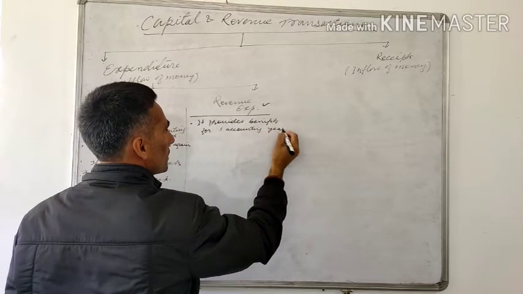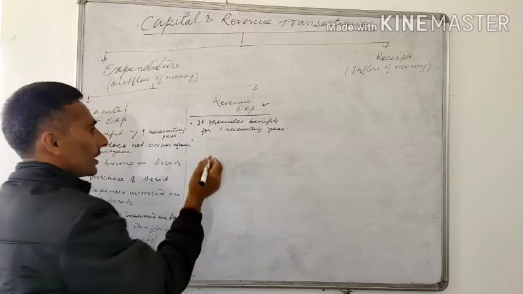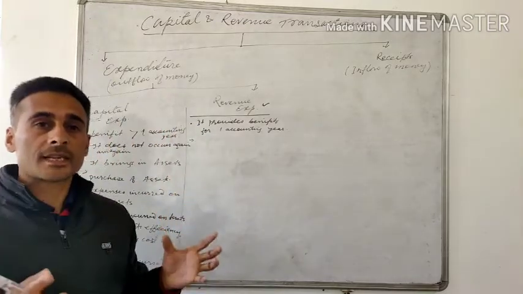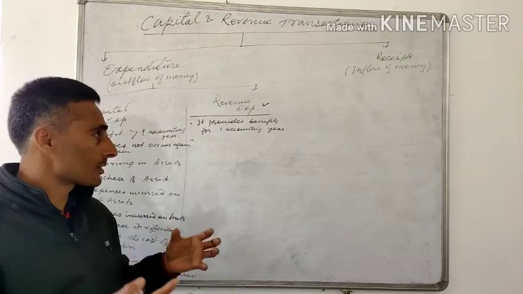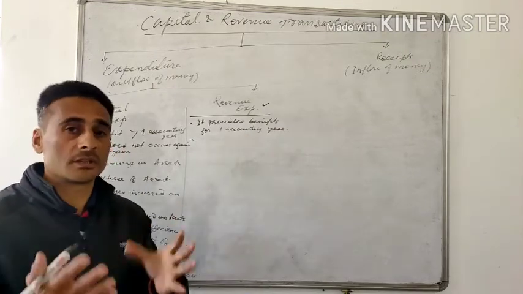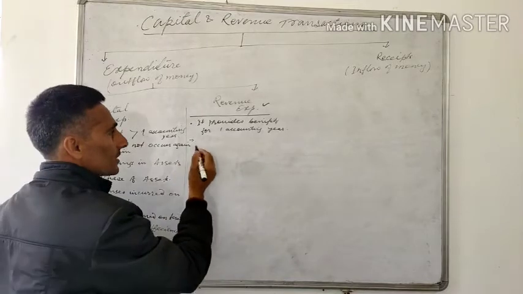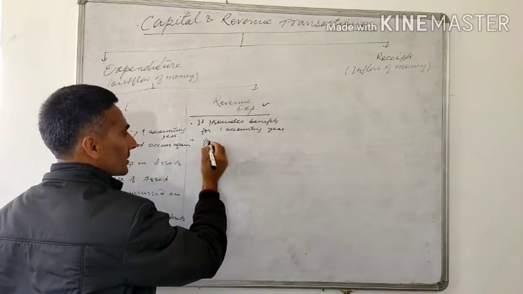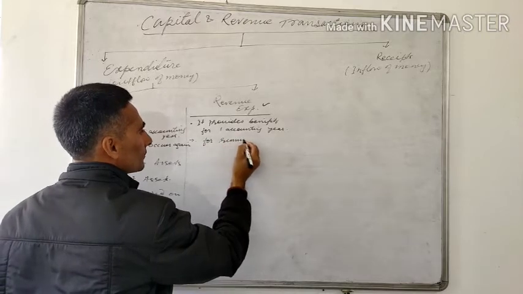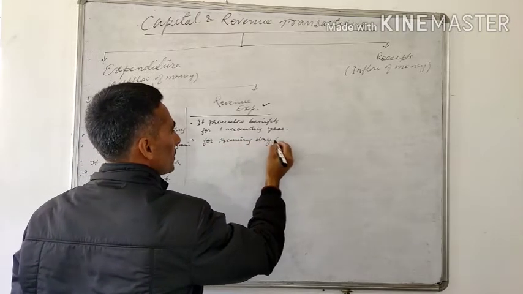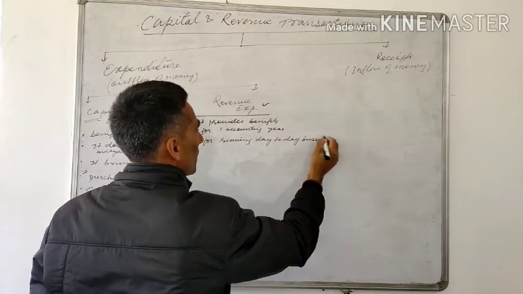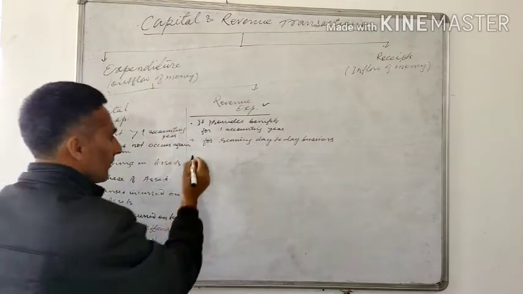The entire benefit is consumed or exhausted in that accounting year, right? These expenses are incurred for running day-to-day business. That is called revenue expenditure.